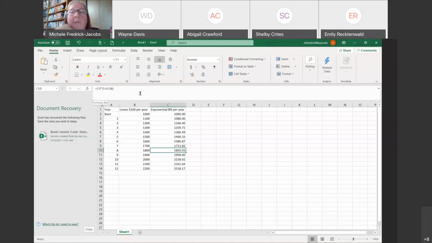Looking at the first one, the adding $100, how many years did it take to double the money? We started with 1,000. So to double would be 2,000.